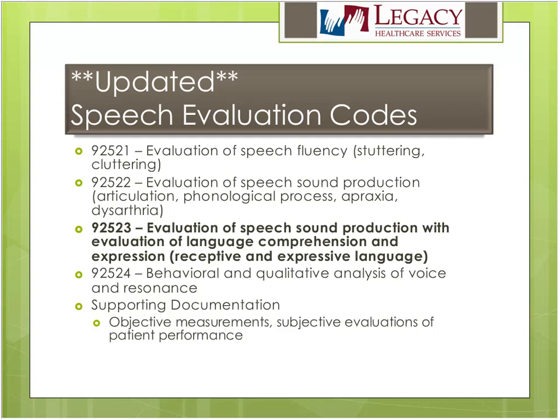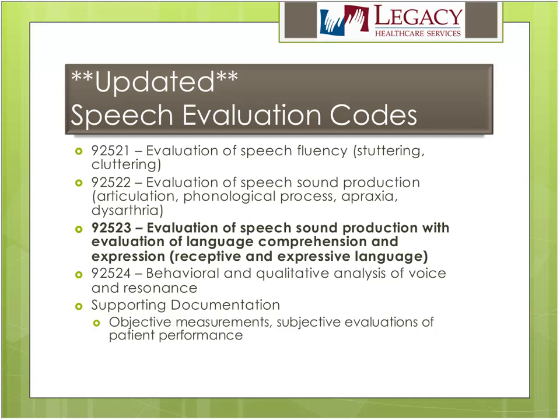92523 is bolded because based on our analysis as a clinical team, we feel like this is probably the code that's going to get used most often in our clinical settings. I'm not saying that the other ones will not be used, but this seems to fit the majority of interventions. So this is evaluation of speech sound production as well as an evaluation of comprehension and expression.